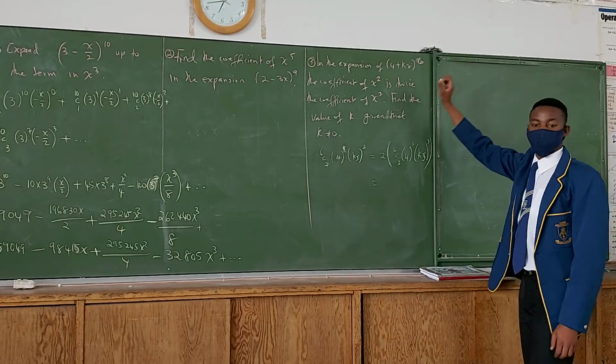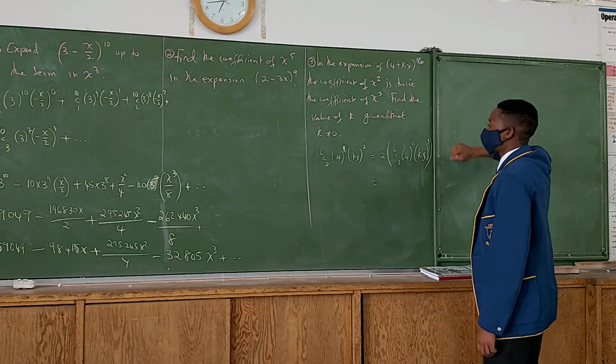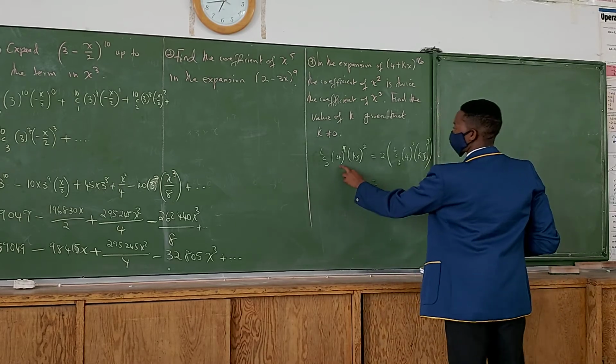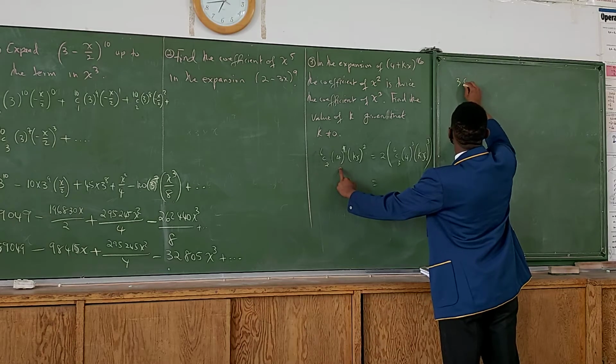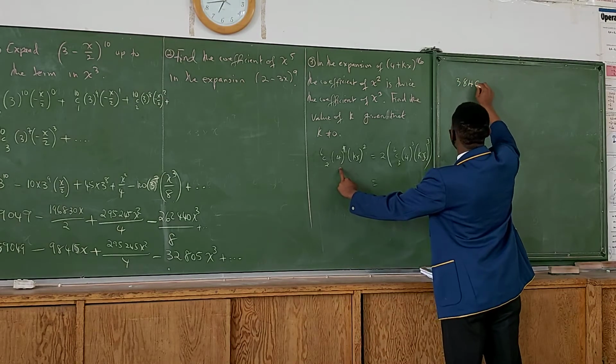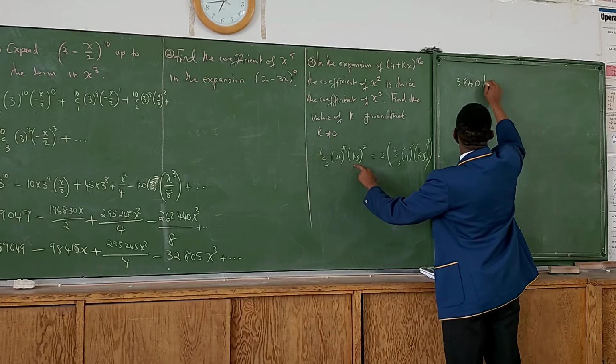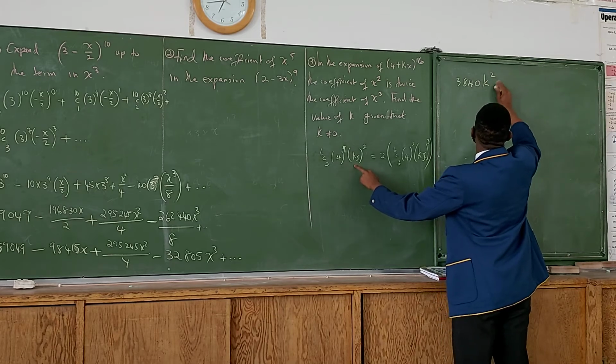6C2 times 4 raised to the power 4. 3,840 k squared. You cannot drop the x.